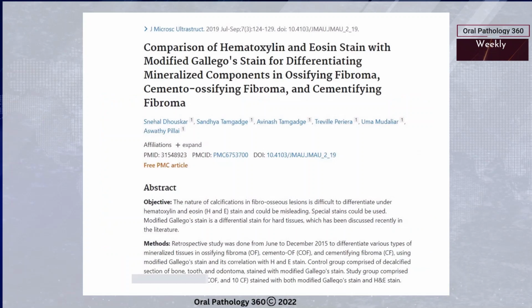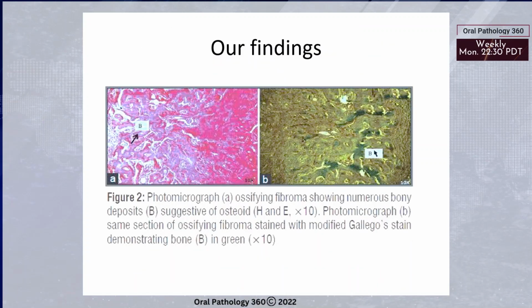Then one more thesis topic my PG student took was on fibro-osseous lesions. So in that, under H and E, there was a lot of bone formation, and we confirmed the nature using Gallego stain. It appears green in color, so it's bone.